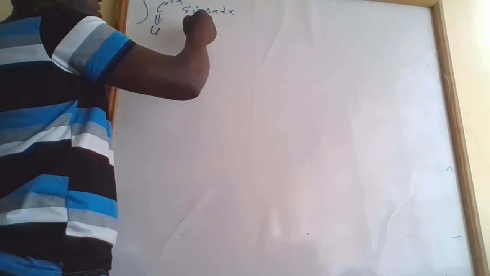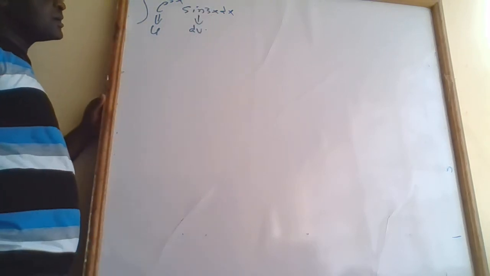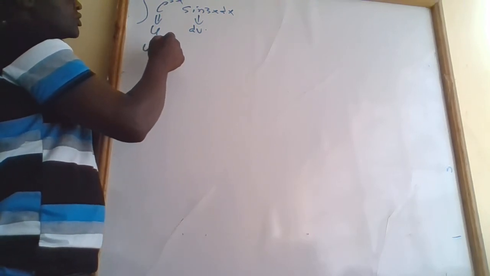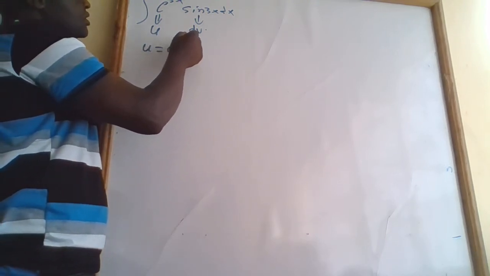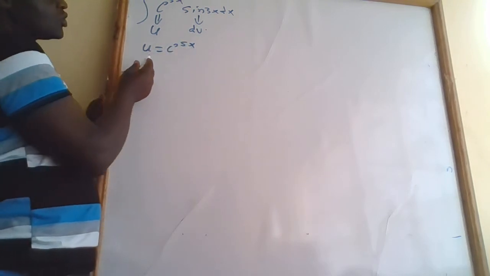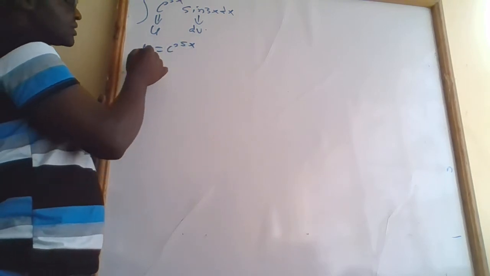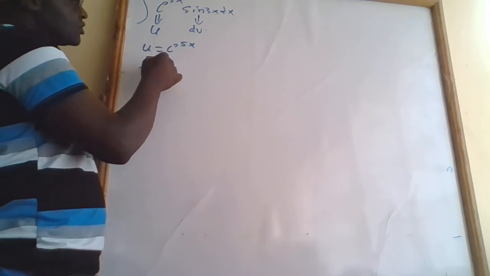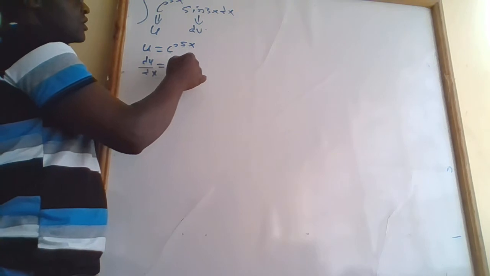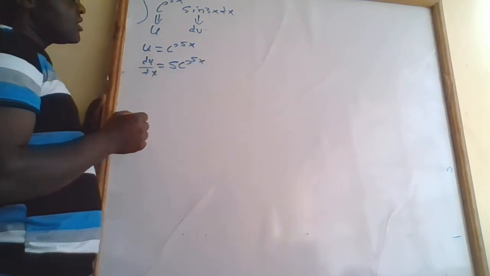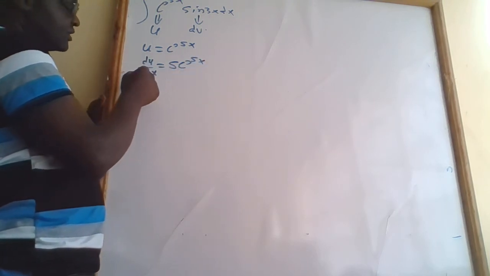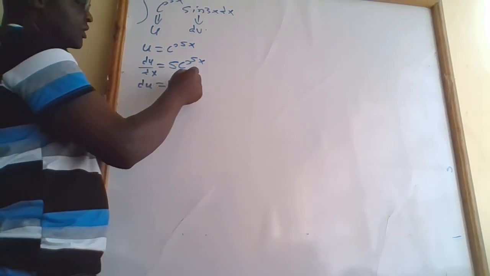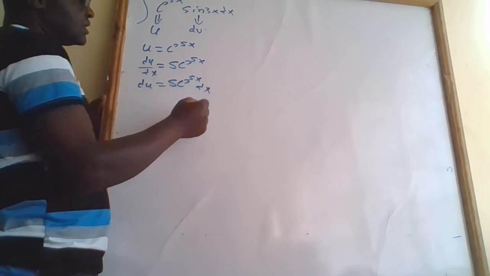So this is our dv. Now, u equals e^(5x), so we differentiate this equation with respect to x. Therefore, du/dx, when you differentiate this equation, you get 5e^(5x), meaning du equals 5e^(5x) dx.